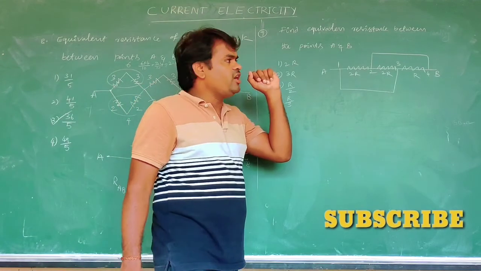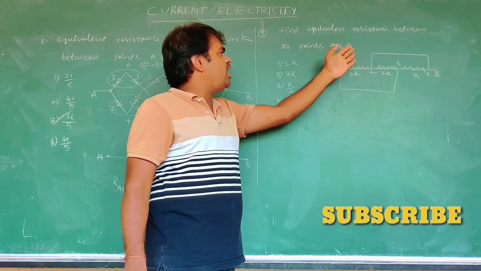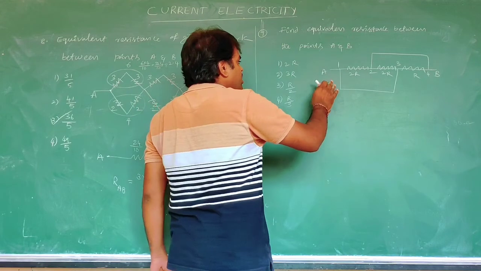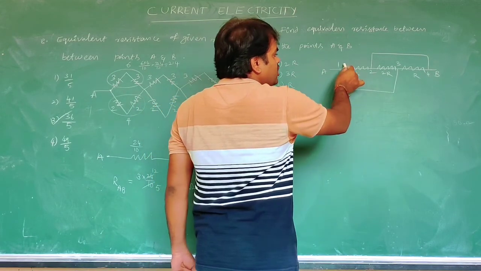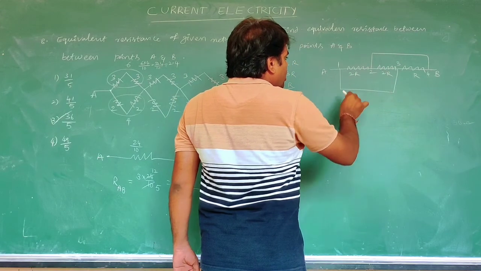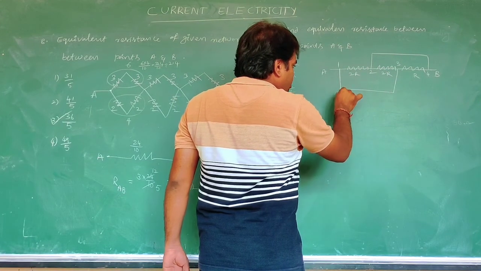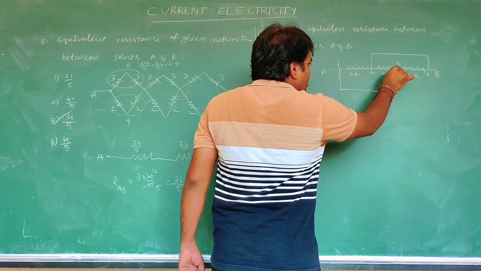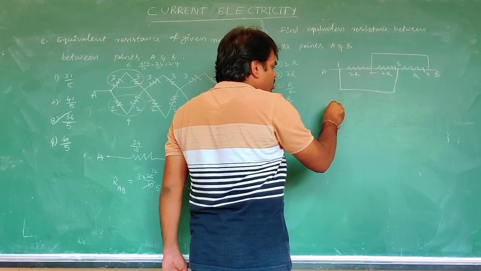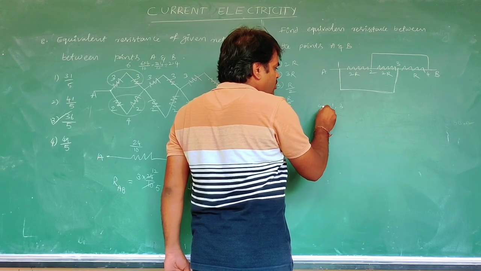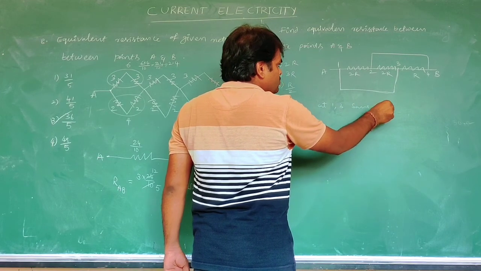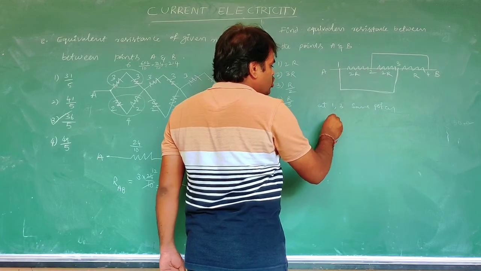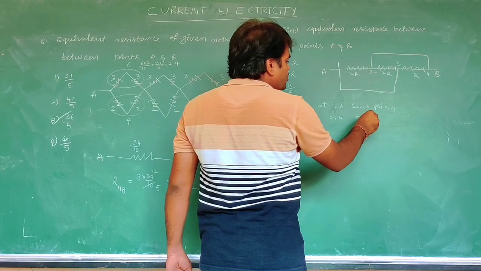Now going to the ninth one. Find the equivalent resistance between the points A and B. They have given like this: 2R, 3R, R by 2, R by 3. Now see. Here, where the wire is connected like this, points 1 and 3 have the same potential, and 2 and 4 also have the same potential.